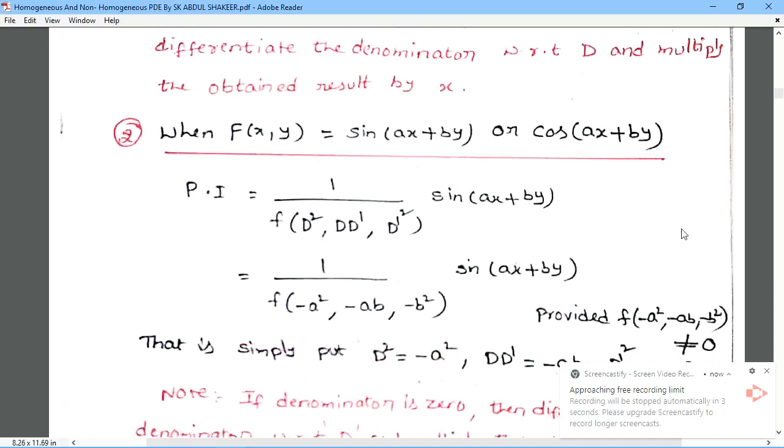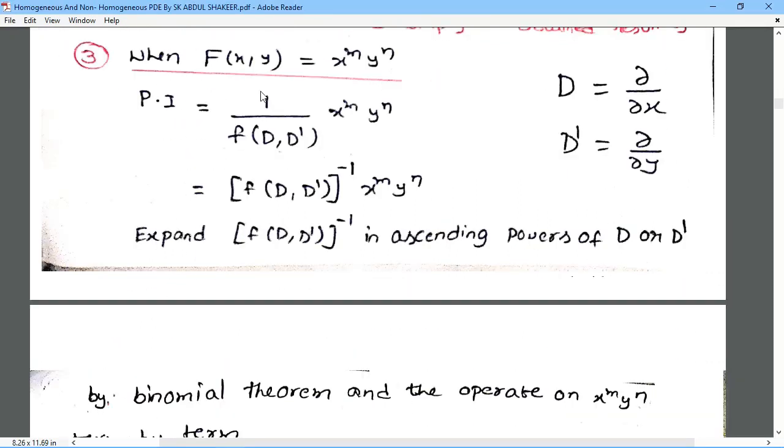Same as above. To find the particular integral when the right hand side of the equation contains a polynomial in x and y, that is of the form x power m into y power n, we have to take the denominator function in the numerator as f of DD dash whole to the power of minus 1. What is D here? D is dou by dou x and D dash is dou by dou y.